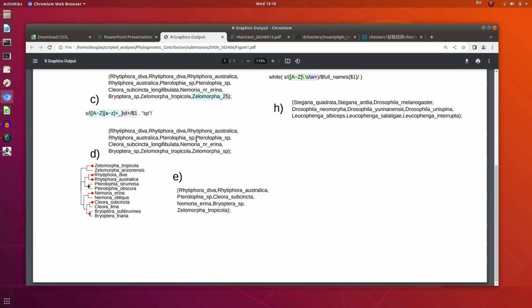And also note we have Nemoria NR arena, so this means something like near. It's probably this species. There's several others, AFF, and several more here, encounter. So it's an arbitrary choice what to deal with.